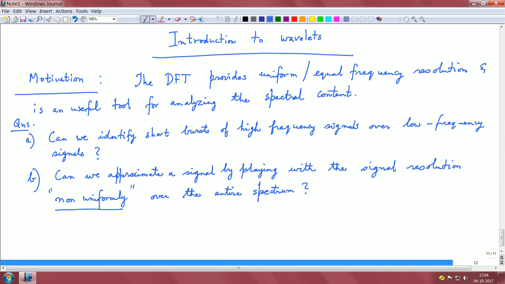Now if we ask these questions, why would you want to have signal resolution non-uniform over the entire spectrum? Like if you think about the DFT, as I mentioned, it provides uniform frequency resolution, and you have this e power minus j 2 pi by n for an n component DFT, right. That means you are placing the same resolution for all the frequencies.